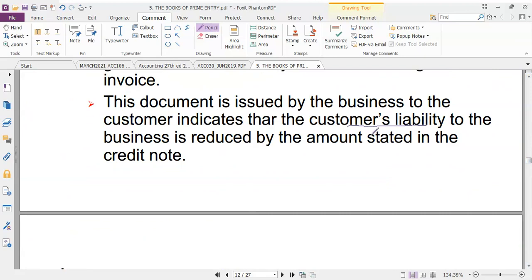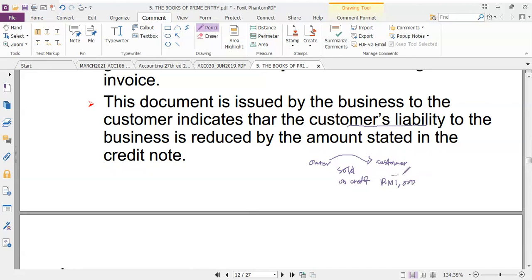Okay. For example, previously the owner sold goods to the customer on credit. How much? For example, RM1,000. Amounted to RM1,000.